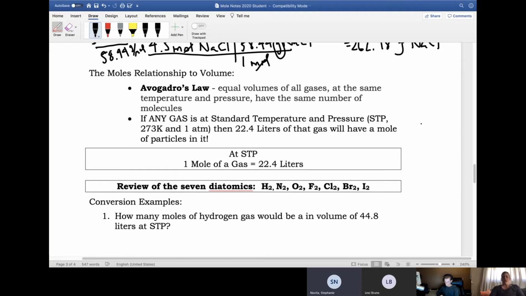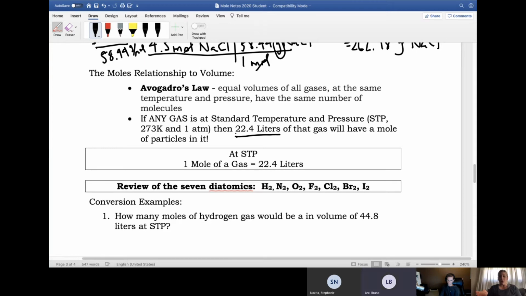Avogadro's says that if I have a gas at something called standard temperature and pressure, which is 1 atmosphere and 273 degrees Kelvin or 0 degrees Celsius, it's always going to take up 22.4 liters of space.